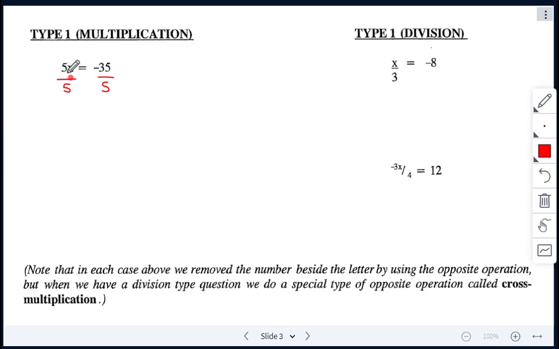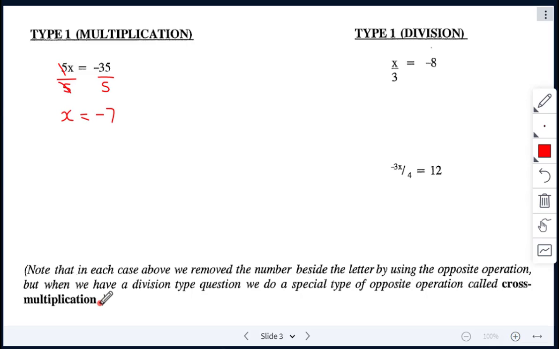This means division. So 5x divided by 5, 5 divided by 5 leaves you with 1, or 1x. So we'll just leave it as x. And it is negative 35 divided by 5, so make sure you answer that as a negative 7. All right, so that's a multiplication type.